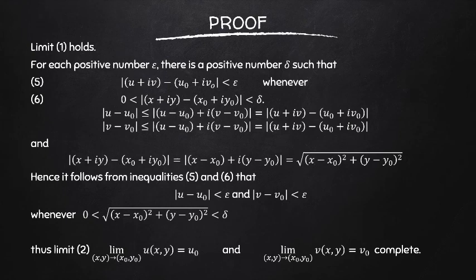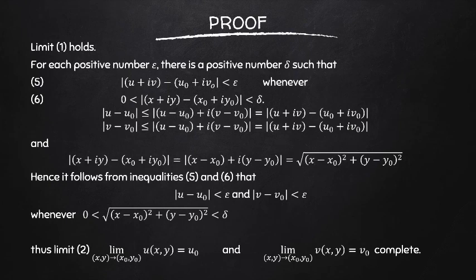And we got the absolute value of (x plus iy) minus (x0 plus iy0) is equal to the absolute value of (x minus x0) plus i times (y minus y0). We got it by collecting x with x0 and y with y0. And it is equal to the square root of (x minus x0) squared plus (y minus y0) squared.